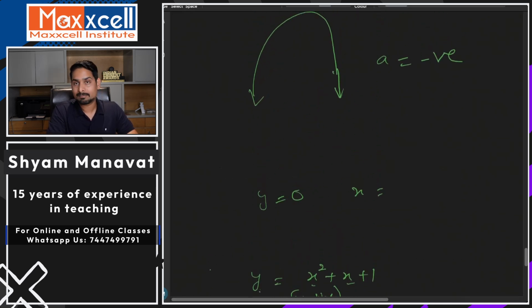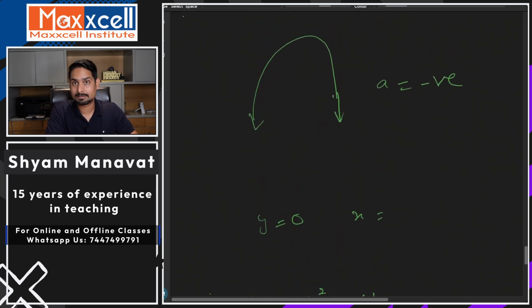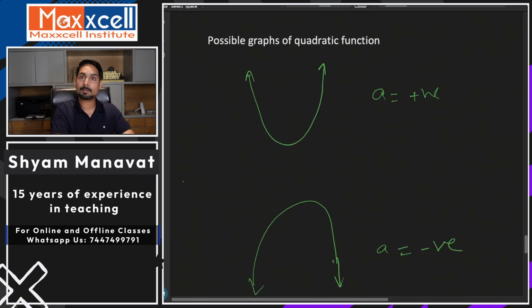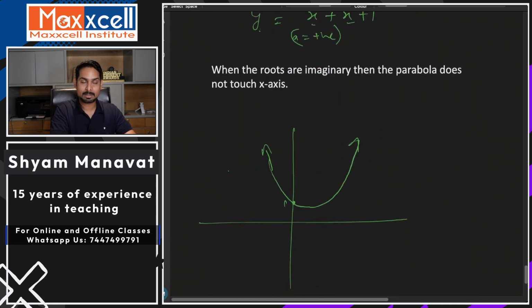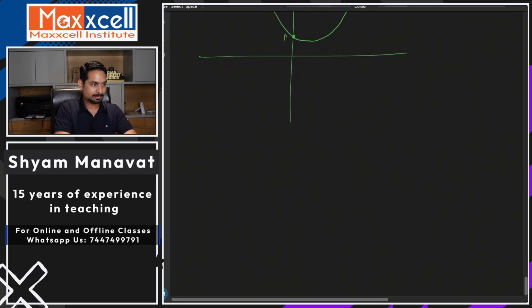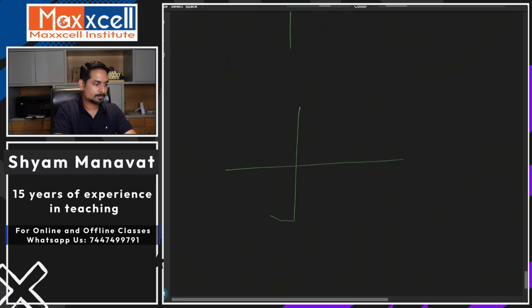Watch this entire lecture once again. It's very important, learning how to plot the graph of a quadratic equation. Characteristics: upwards if a is positive, downwards if a is negative. If the roots are imaginary, it will not touch. In case it is downwards, still it will not touch. It will be something like this.